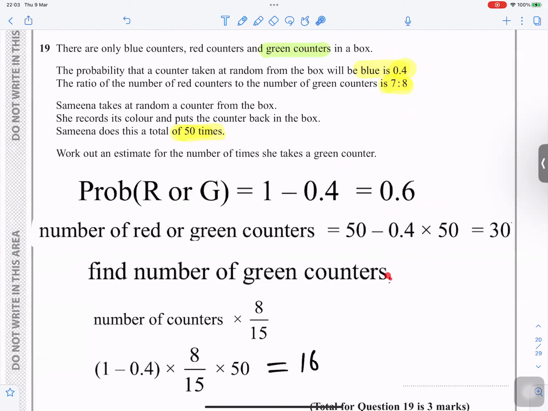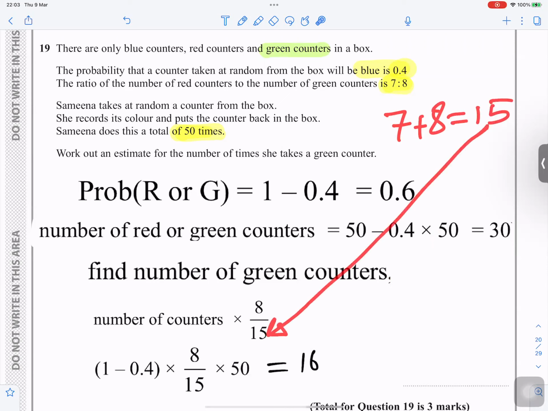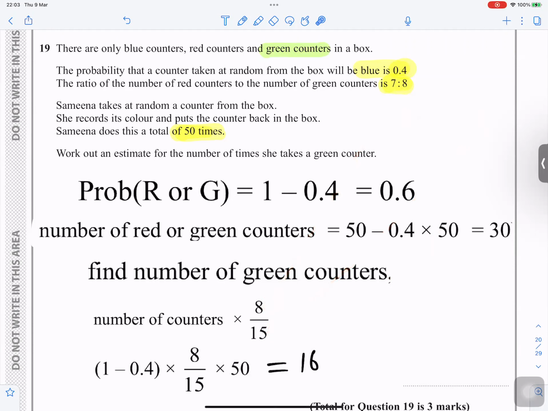So we now need to find the number of green counters. So the number of counters times 8/15. 7 plus 8 gives you 15. And we want 8/15. So we get 1 minus 0.4 times 8/15 times 50, and that gives us 16.